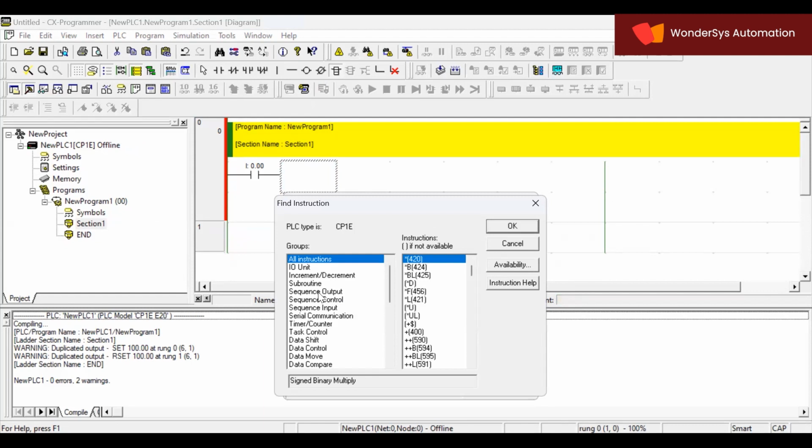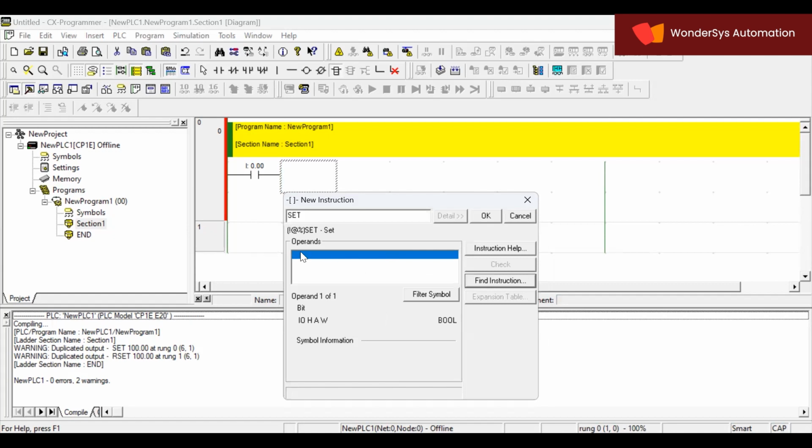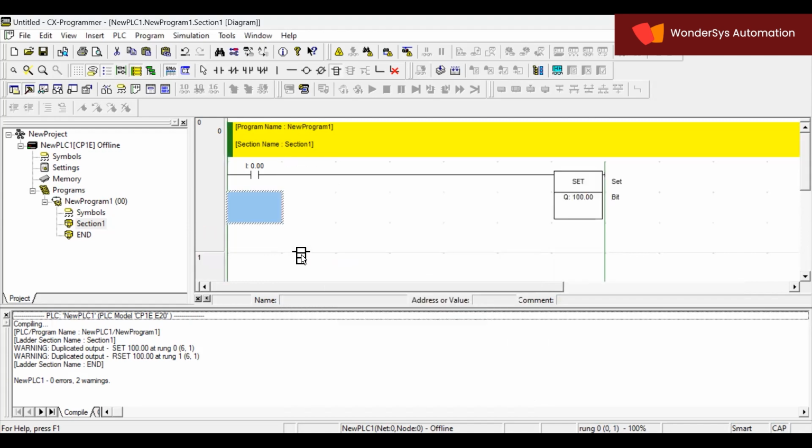Select the sequence output. Here you will find set and reset. Select set, then give okay. Here it will ask for the operand, so give the output address. That's it. Got it? Do it.